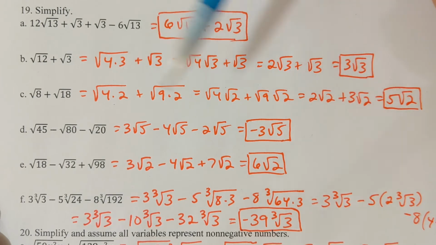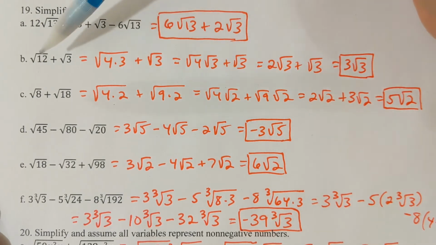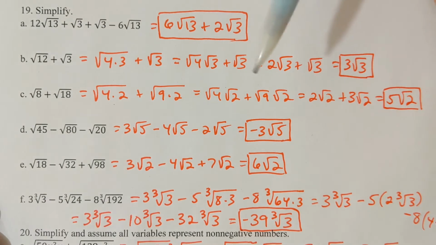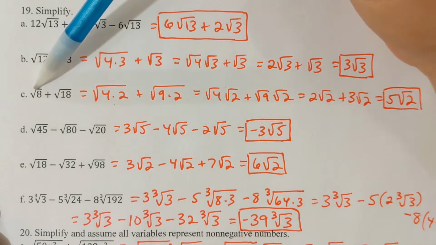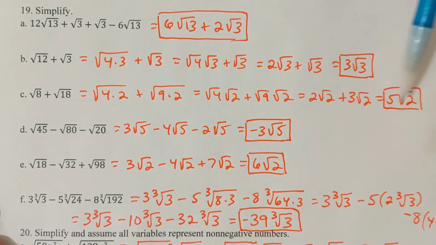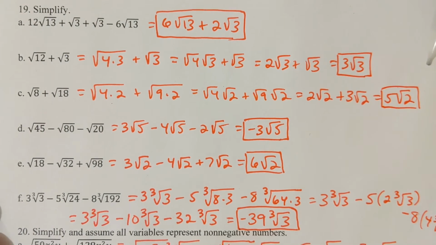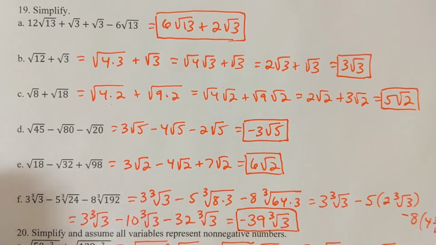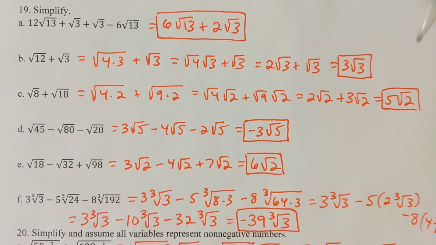You don't have like radicals, and so you can't just add the numbers underneath the radical. It's not even close. That's why it's important to know how to simplify an individual radical and then try to get like radicals.